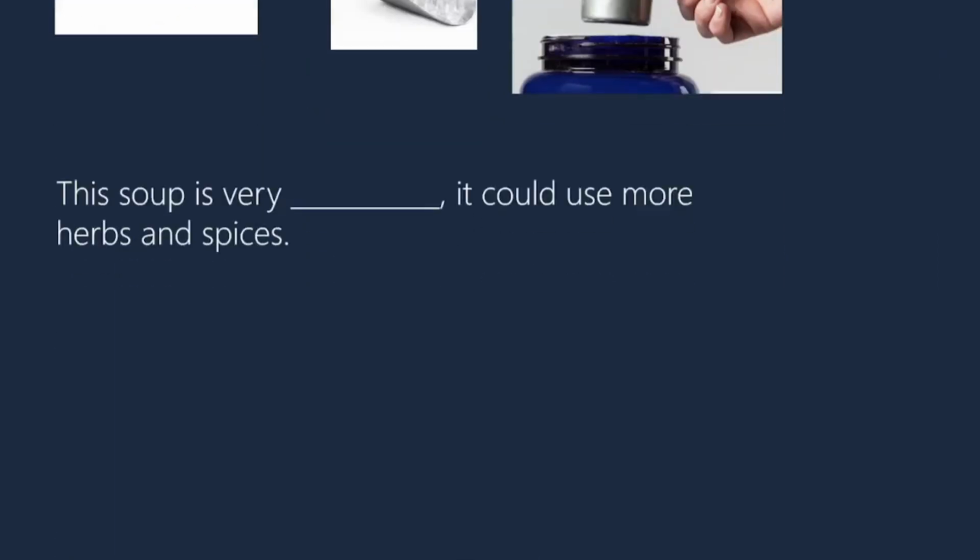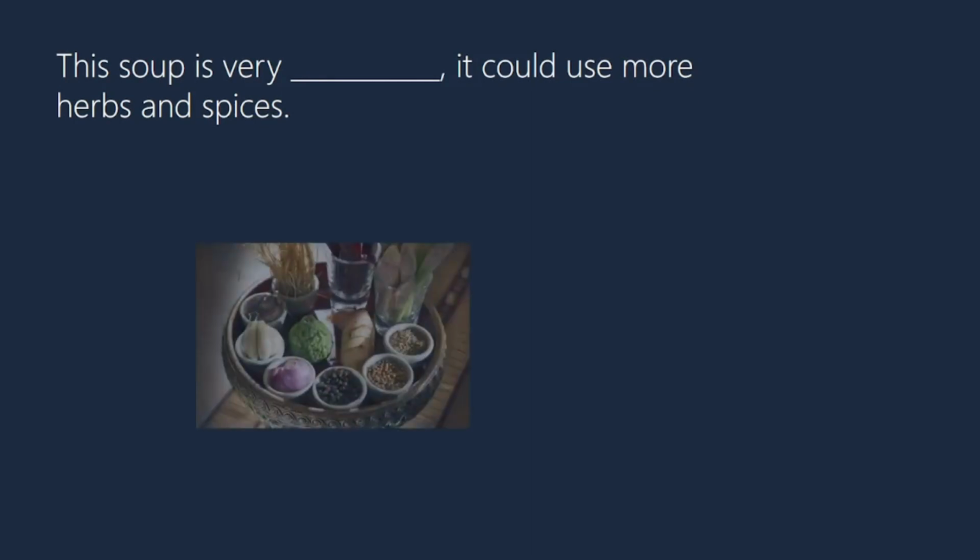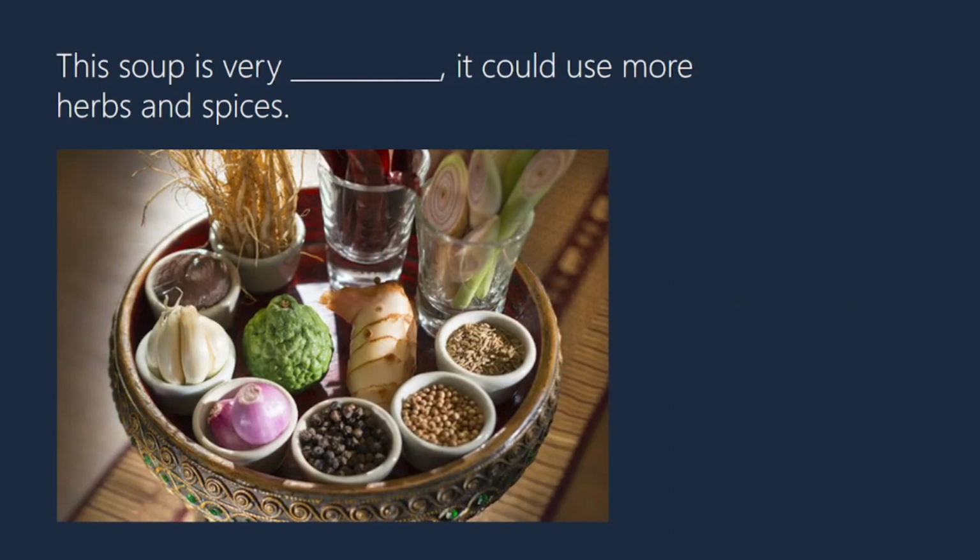All right, so the next one is, this soup is very dash. It could use more herbs and spices. So let's understand what herbs and spices are. Herbs and spices are made from plants, and we use them in our food, in cooking, and they're also sometimes used in making medicines.